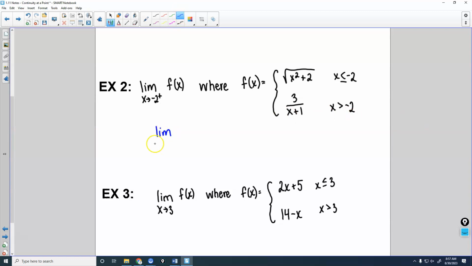I like to just do this, limit as x approaches negative 2 from the right of f of x. I don't copy that problem down because it's piecewise and it's huge. I just call it f of x. They've already labeled it f of x, so I can call it f of x and not have to write it again here. And if I'm going to do f of x from the right, which equation should I use?